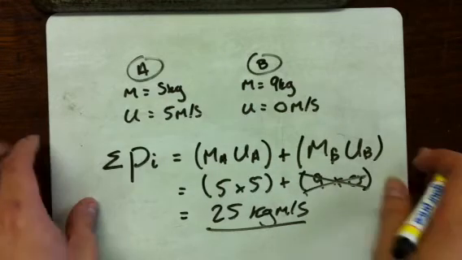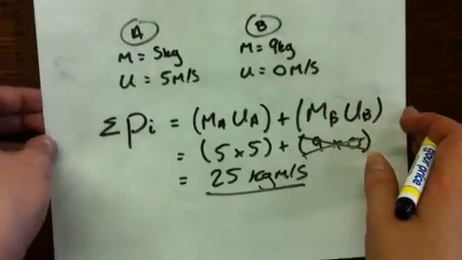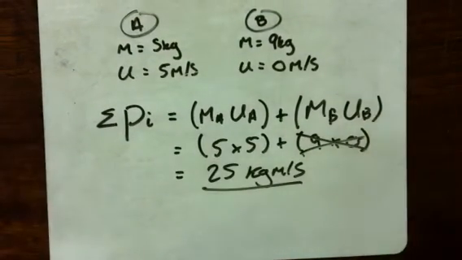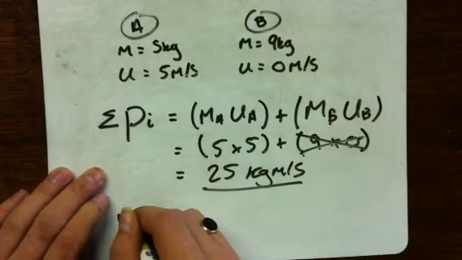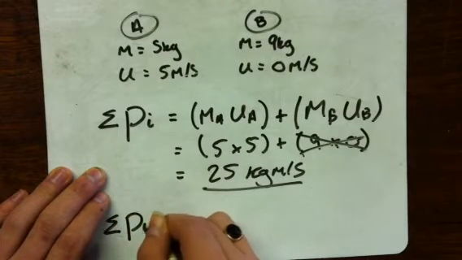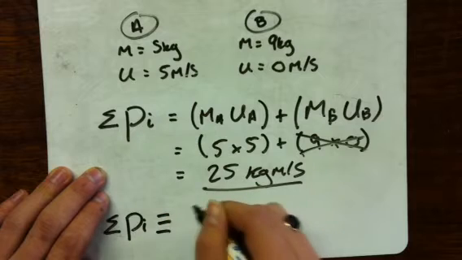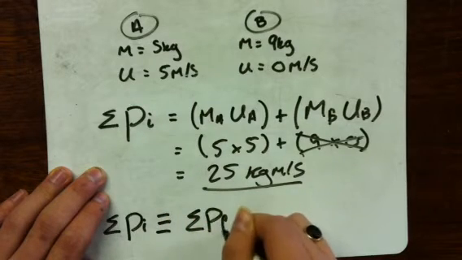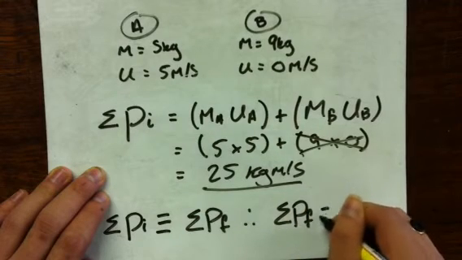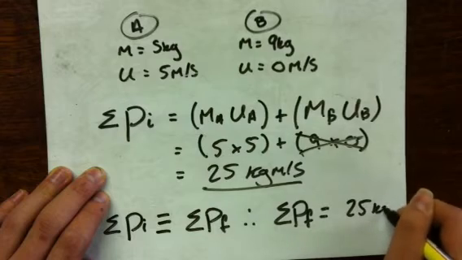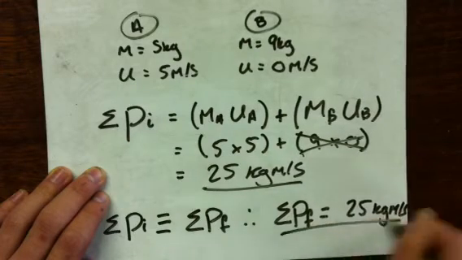The conservation of momentum states that whatever the momentum is before a collision, the momentum after the collision will also be the same, assuming that no external forces apply. We're always going to assume there are no external forces, but it would be useful to remember that because in some questions you could be asked to state that assumption. So, if this is true, the sum of the initial momentums must always equal the sum of the final momentums. Therefore, the sum of final momentums must also be equal to 25 kilogram meters per second.